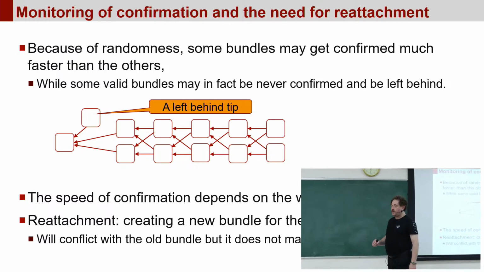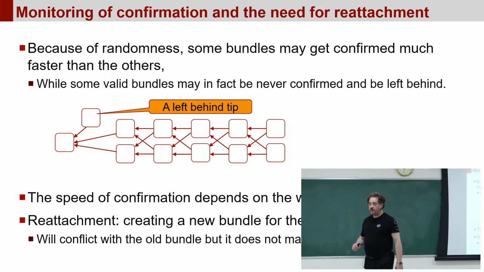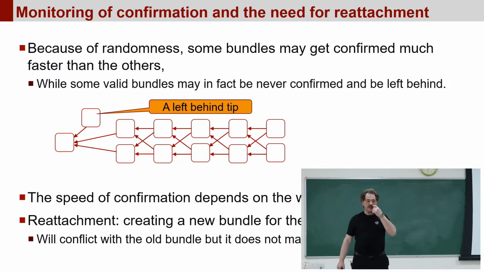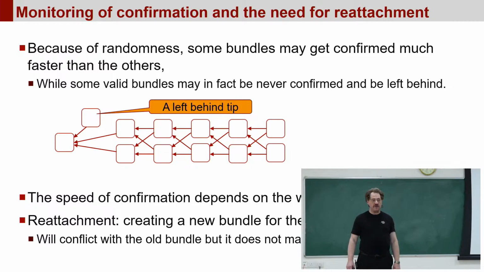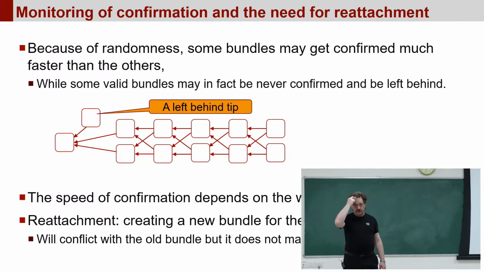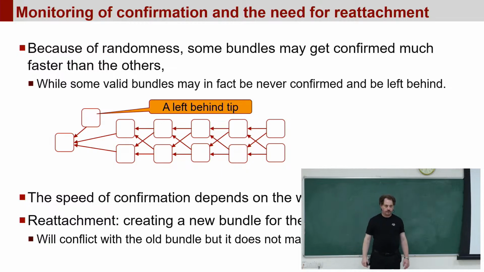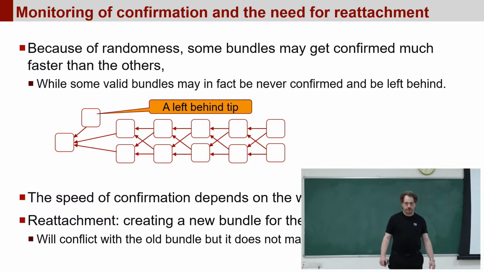So if it's left behind, if it's not sufficiently confirmed, then you cannot be sure that it will go in. What about transaction finality, right? You can ask. Well, it's probabilistic in IOTA, just like it is in Bitcoin.